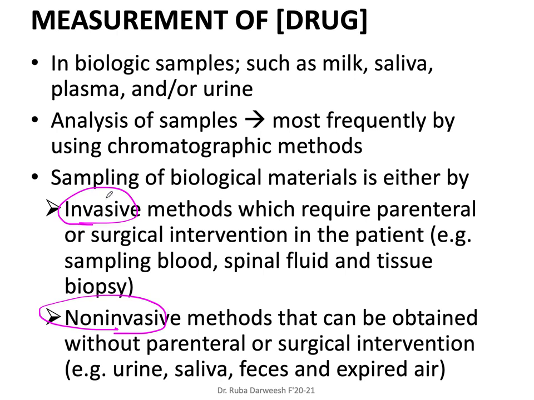Invasion could be as simple as a needle, so it's anything related to intervention to the patient. Blood is the most common sampling procedure, but it's considered invasive because we are using needles. Spinal fluid, because we are using needles. Tissue biopsies, because we are using some needle intervention to take those kinds of samples.